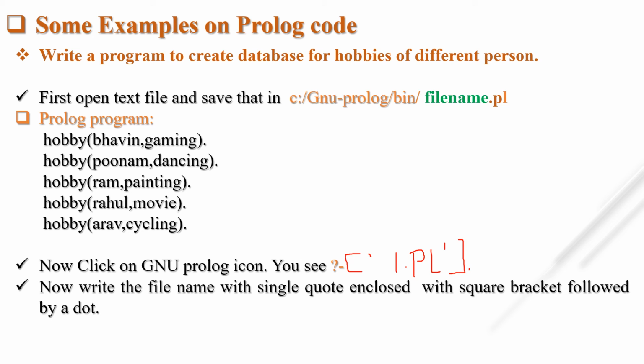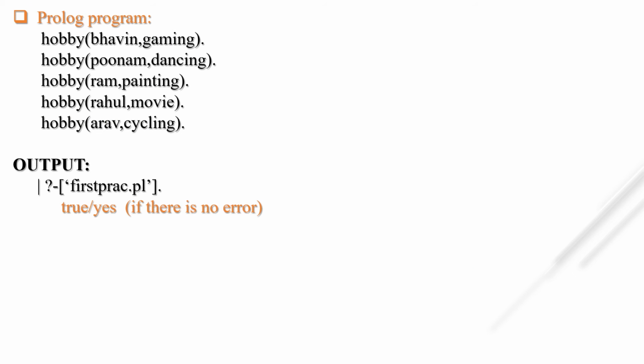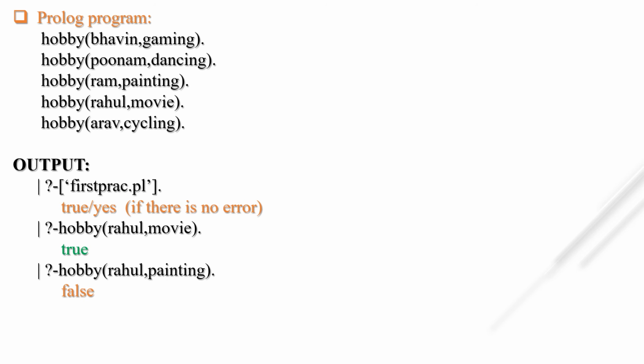Then the program is going to compile with the help of GNU Prolog. If there is any error, it will display it. Otherwise, you can query the program on the basis of this coding. Suppose our compilation succeeds, then what? When I ask Prolog a query that Rahul's hobby is movie, then it will say yes or true.